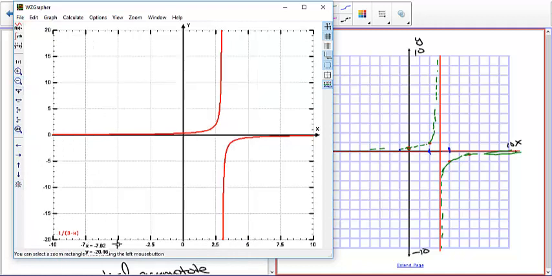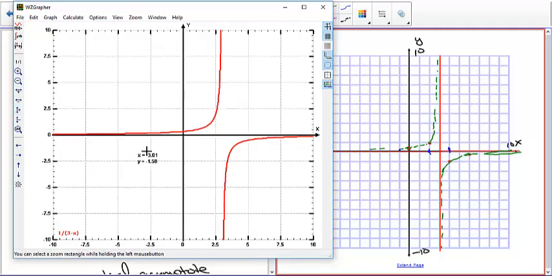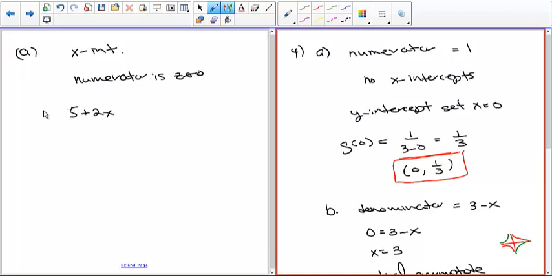So there's 0 to 10, and we could zoom in the y direction, so we get 10 and 10. And you can see, that matches up pretty good. See the horizontal asymptote is 0. The vertical asymptote here is x equals 3. So that turned out pretty good. Okay, back to number 5.